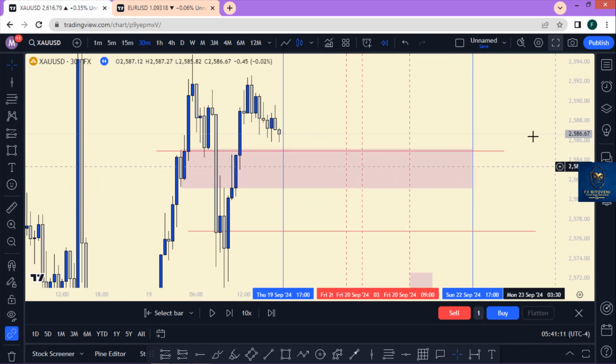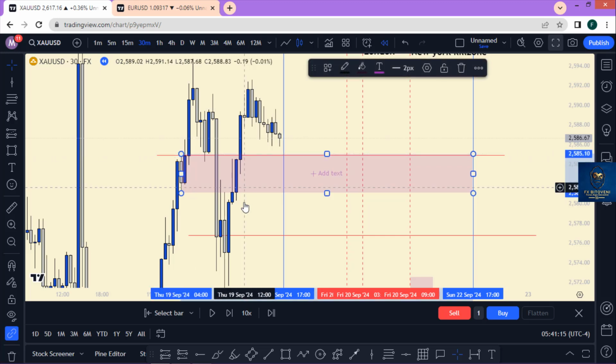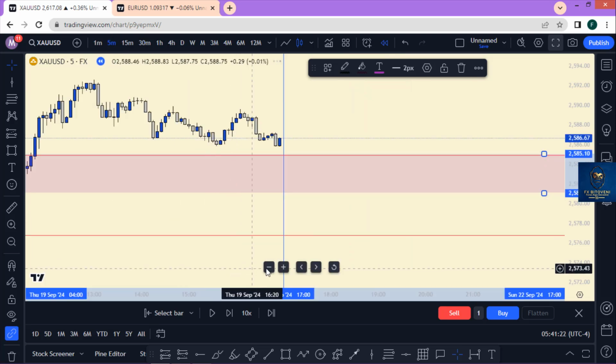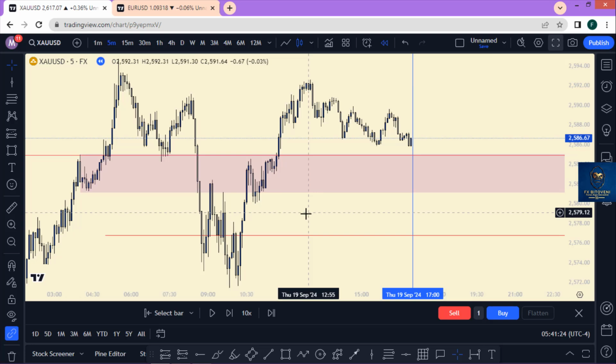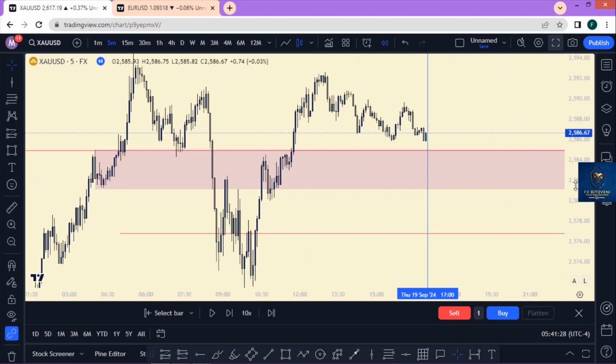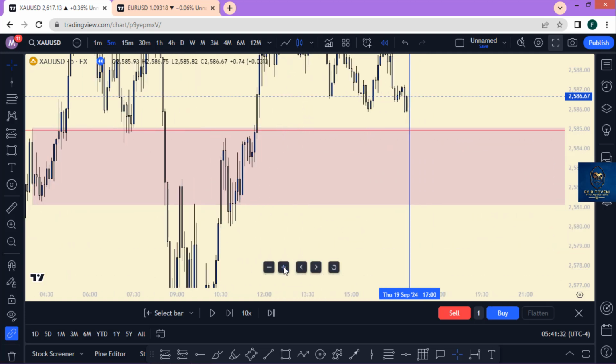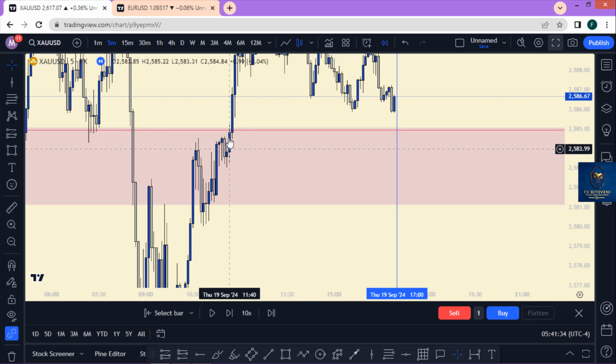After the 30-minute zone, you can switch to 5 minute to find a small POI that price may use. On the 5 minute, what do we have here? We have a clear zone with imbalance here.